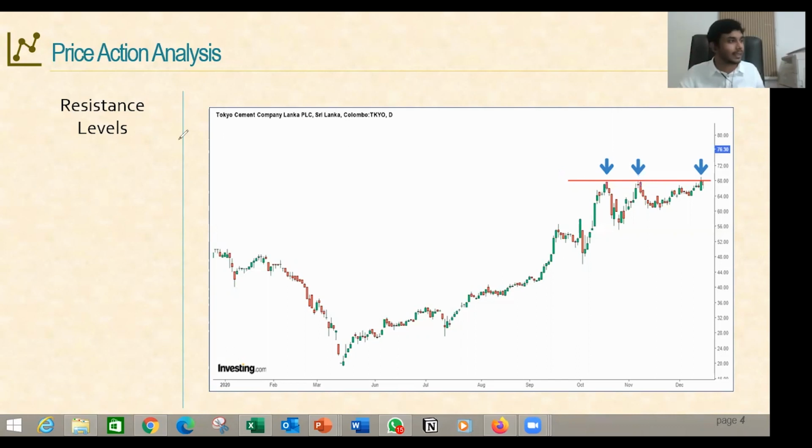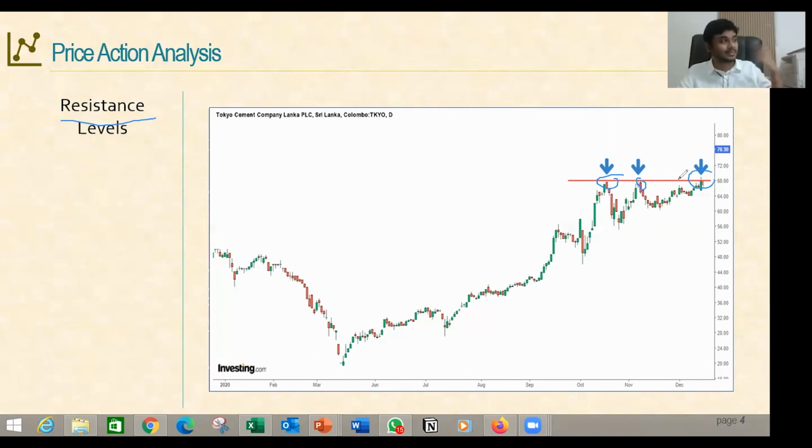So this is a clear example of resistance. So 68, we saw based on this historical chart, hindsight analysis, where Tokyo is having a strong resistance at the 68 level.